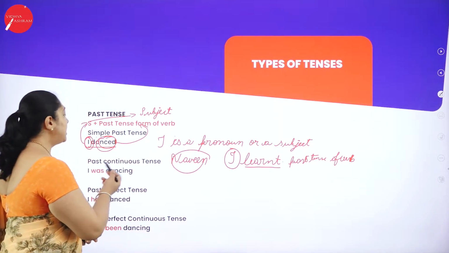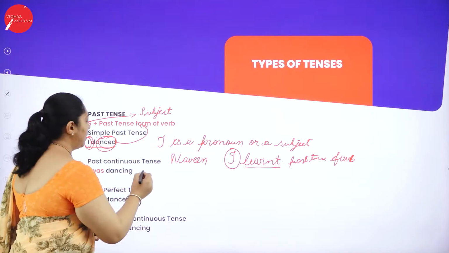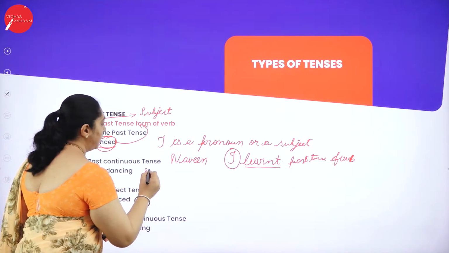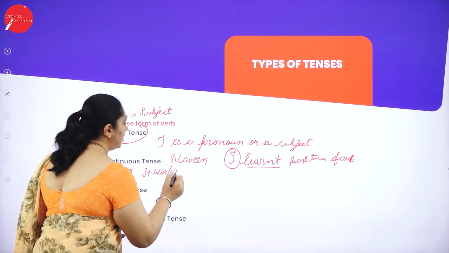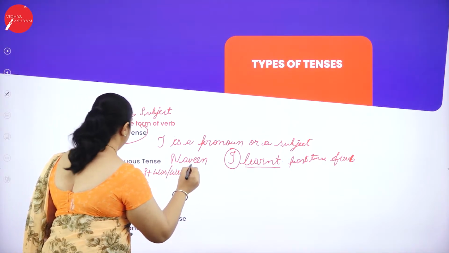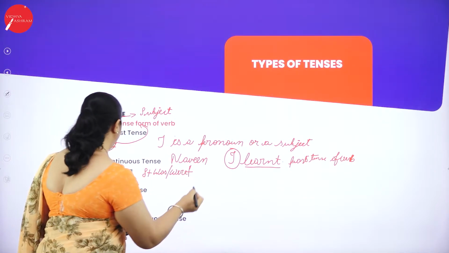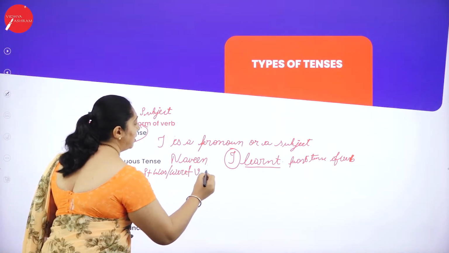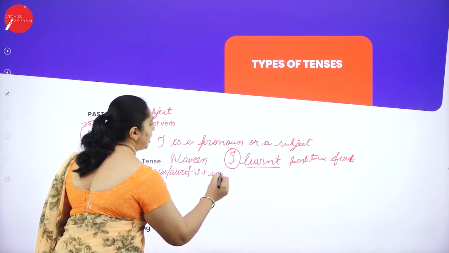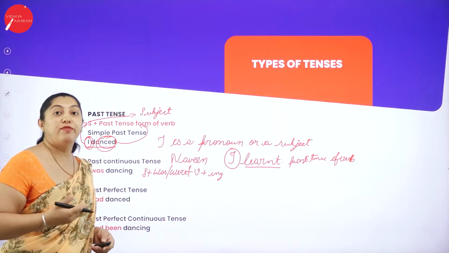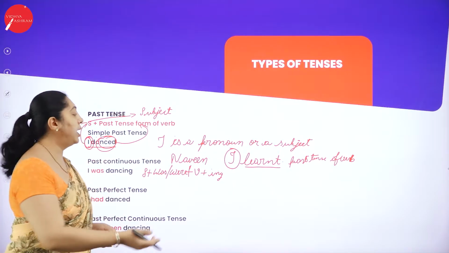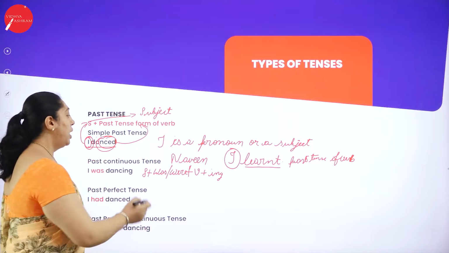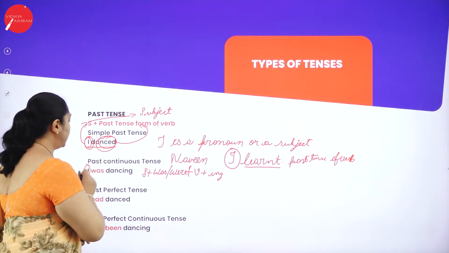Next, past continuous tense. Here the formula is subject plus was or were plus verb plus ing. As you have learned formulas in mathematics, in the same way you have formulas in English also. Here I is the subject.